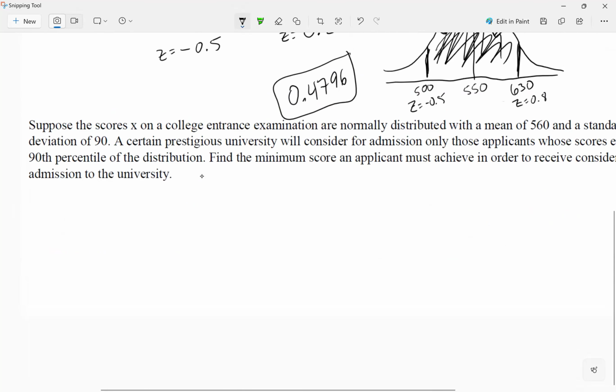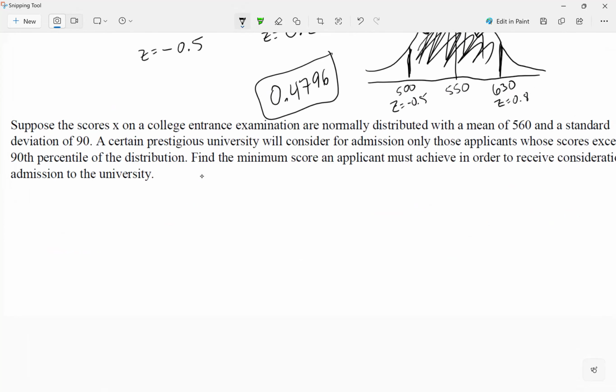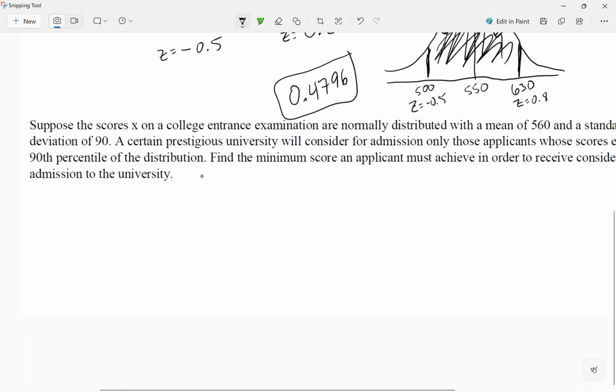So take a look at this last question here. Suppose the scores X on a college entrance examination are normally distributed with a mean of 560 and a standard deviation of 90. So let me write that down. Our mean is 560. Our standard deviation is 90.